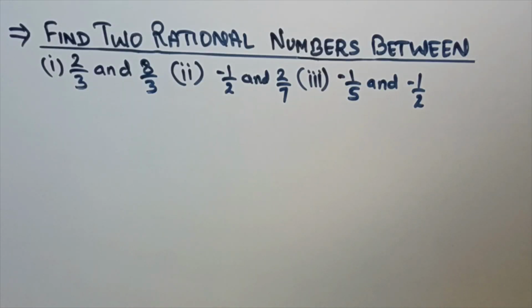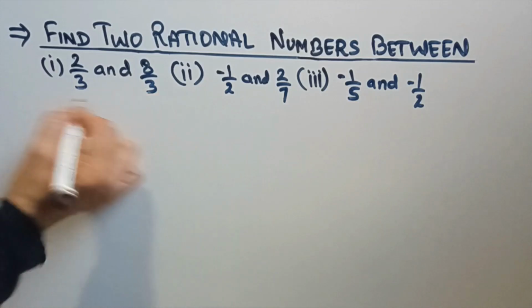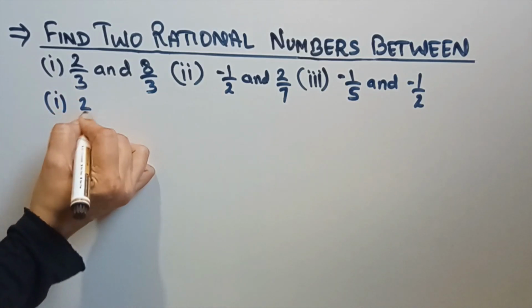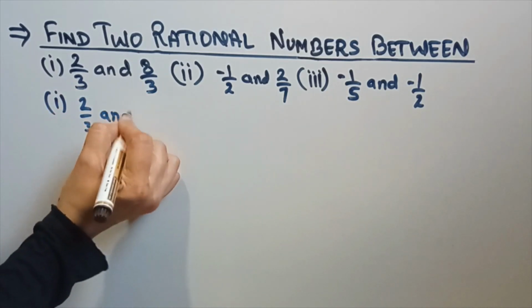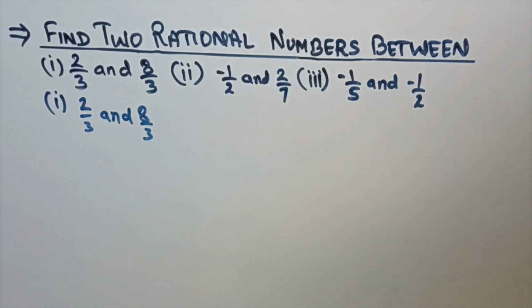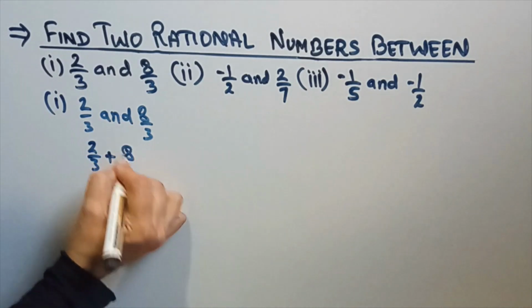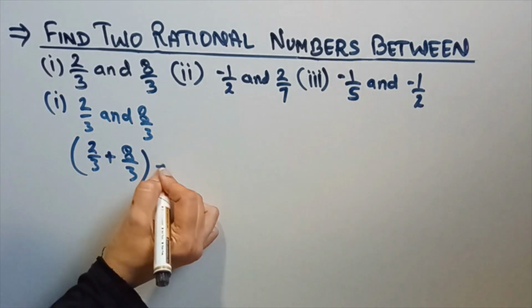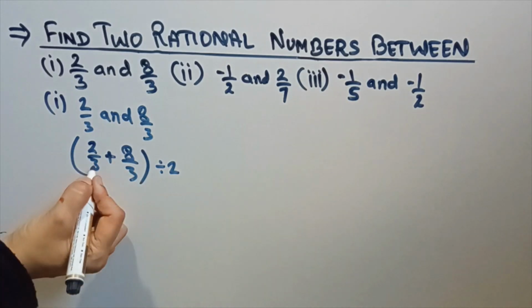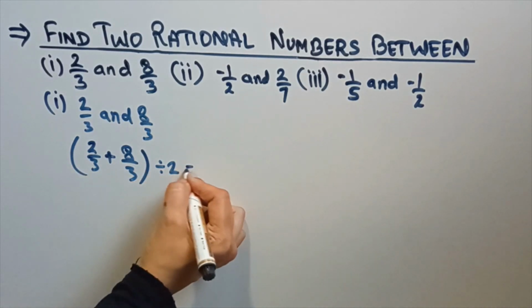Now we have to find two rational numbers between these two given rational numbers. First one is 2 by 3 and 8 by 3. So we'll again add these two and we'll divide by 2. So 2 by 3 plus 8 by 3 divided by 2. As the denominator is the same, we will add.